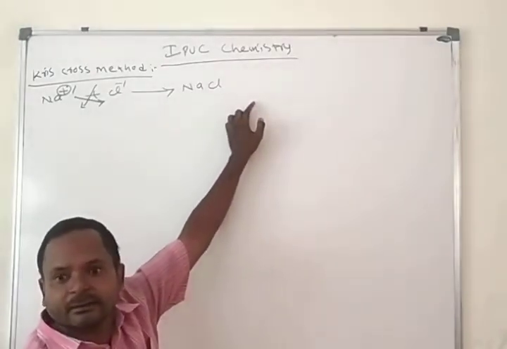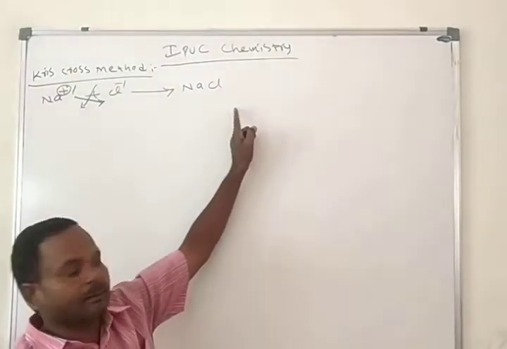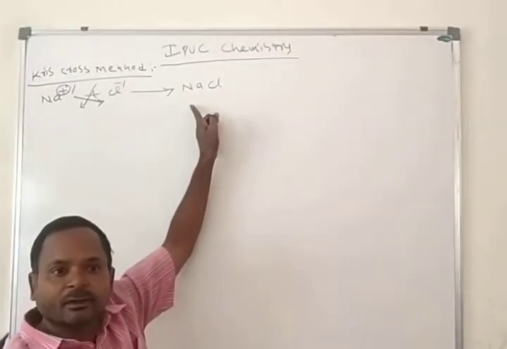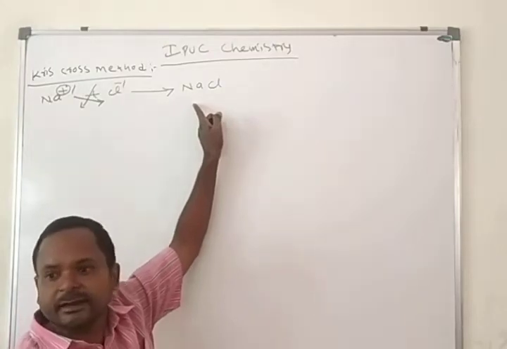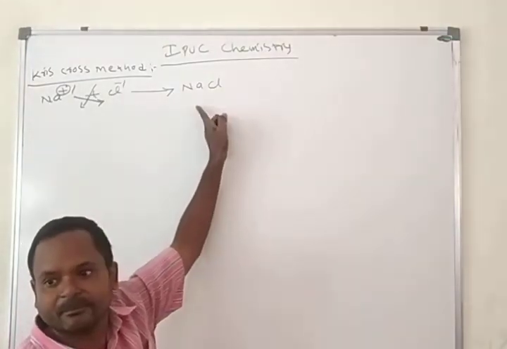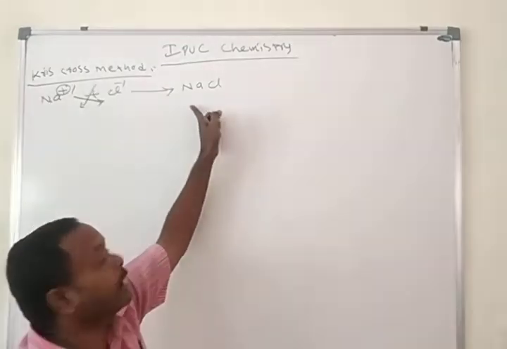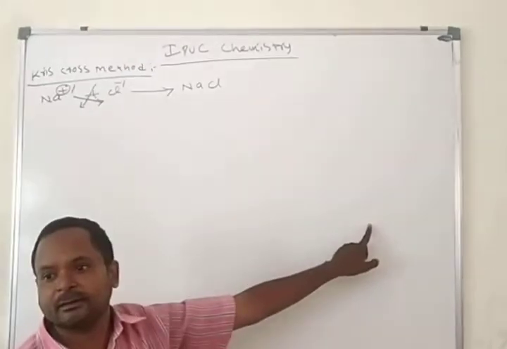Always we mention the positive first when calling the name of the molecule. First we call the positive, then the negative. Don't call it chloride sodium. According to the IUPAC system, we call it sodium chloride.